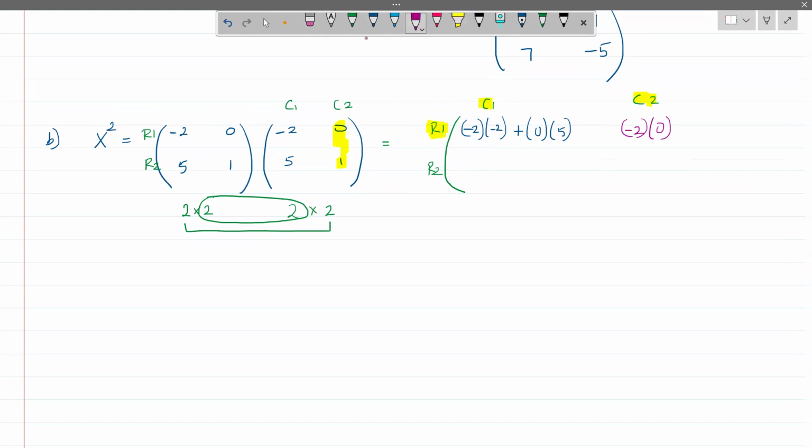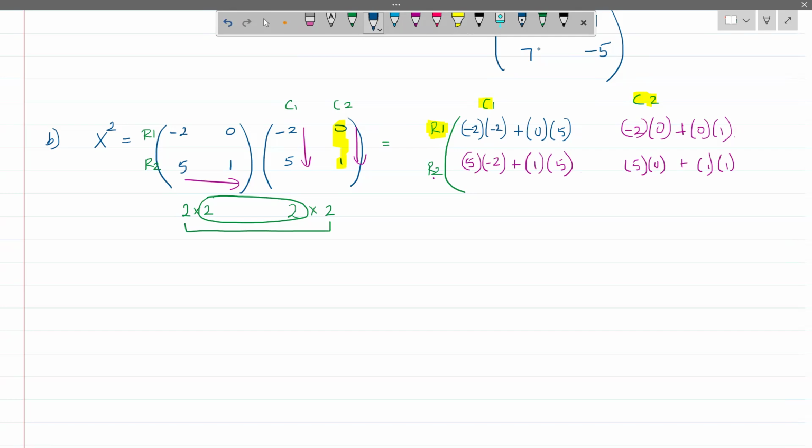And then 0 by 1, plus 0 by 1. Then we're doing row 2 by column 1. So row 2 by column 1: 5 by -2 plus 1 by 5. Then we're doing row 2 by column 2. So 5 by 0 plus 1 by 1.